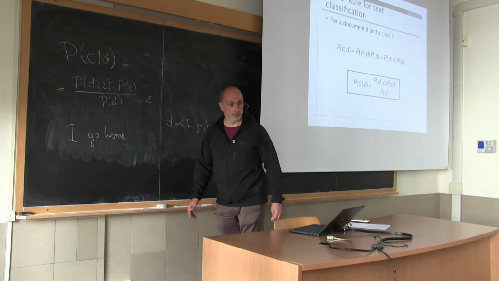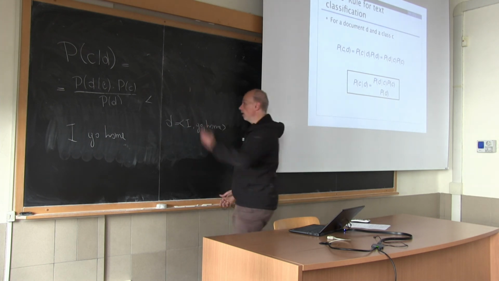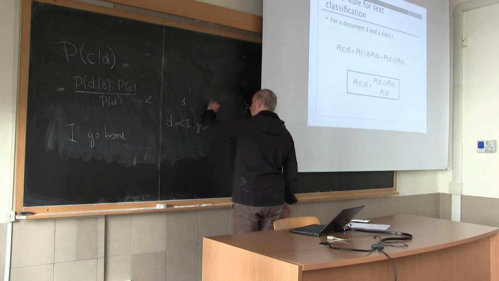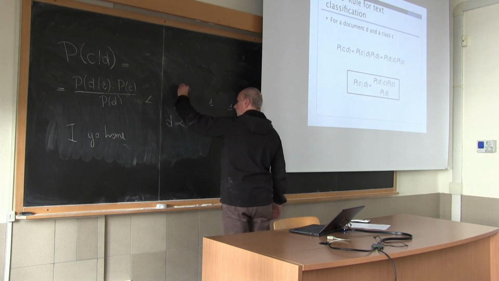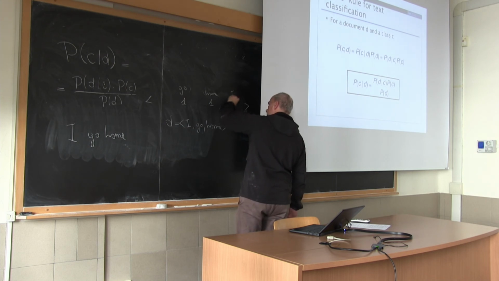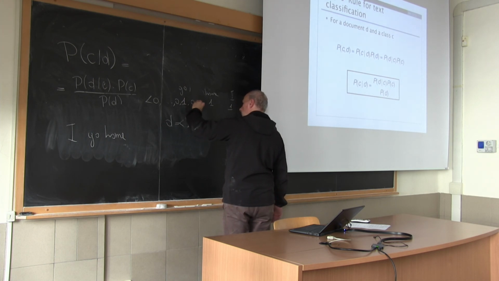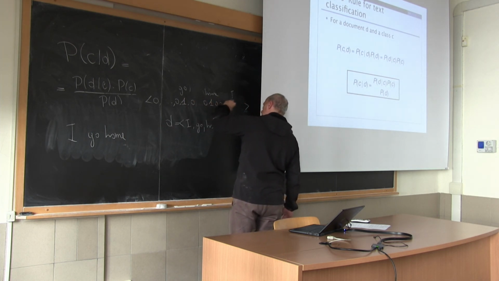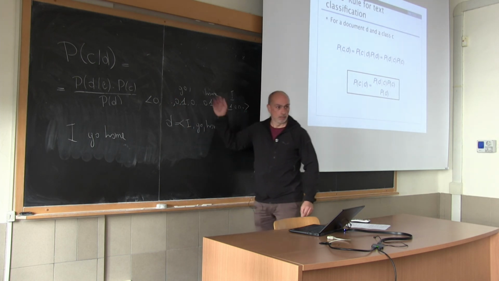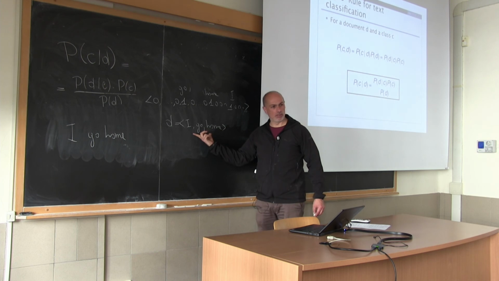I have a binary vector, a huge binary vector, with one position per possible term appearing in the document, and I will have a 1. Okay, these are two possible representations of a document. Which one is better? We will see. Okay, but for the moment, let's say I'll begin with this one.